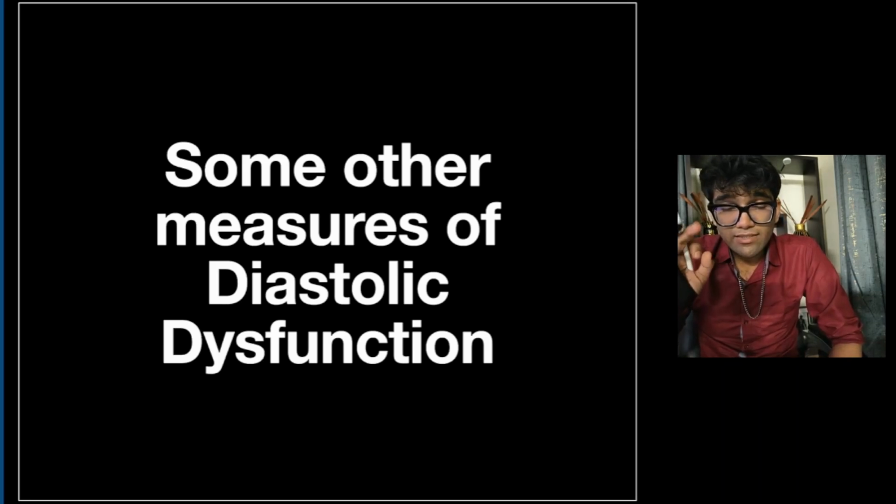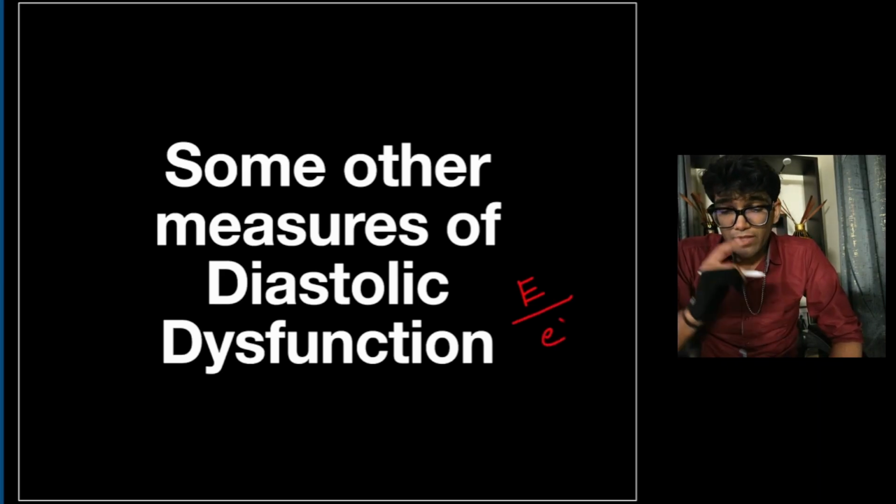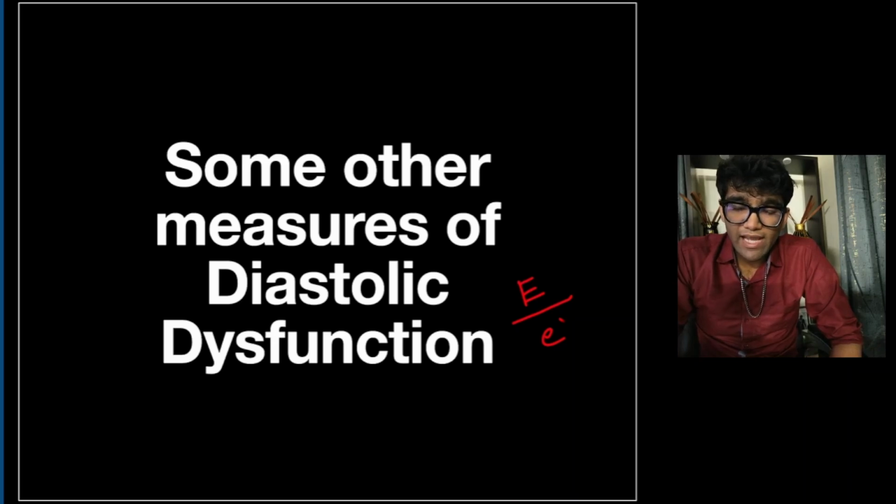Now actually the parameter that is the most directly related to left atrial pressures is the ratio between what we get from our pulse wave Doppler, that is the E wave, to the E prime wave. So why is this important? Because as we've seen, as diastolic dysfunction worsens, you definitely have a reduction in the E prime wave.